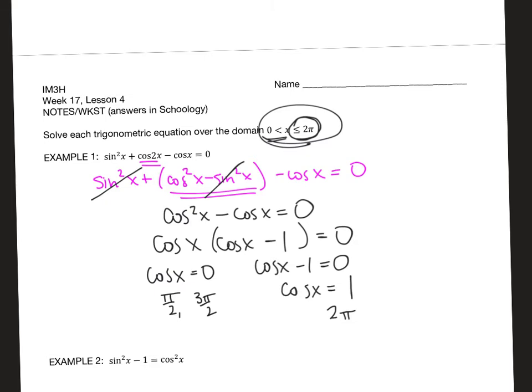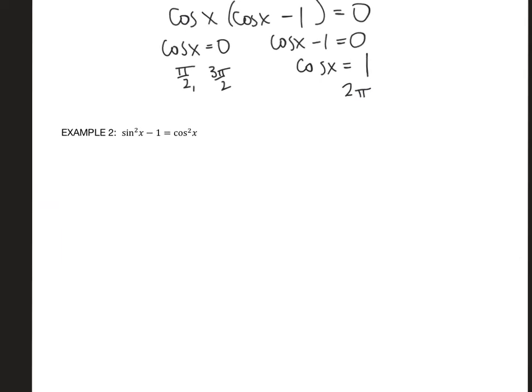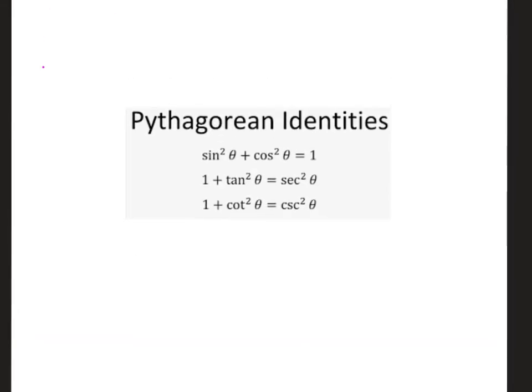Next, on this next example, notice it's kind of weird because on this side I have things in terms of sine, but on this side I have things in terms of cosine. It's really hard to solve an equation this way, so I'm going to go back to some formulas, namely this one, and I'm going to manipulate it a little bit.